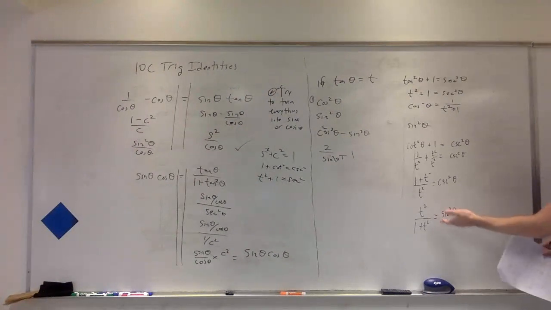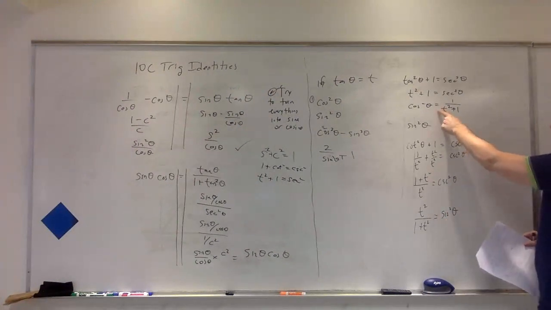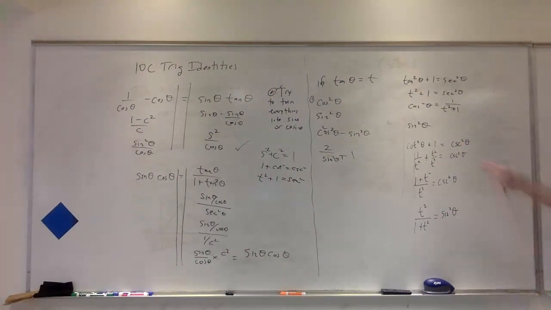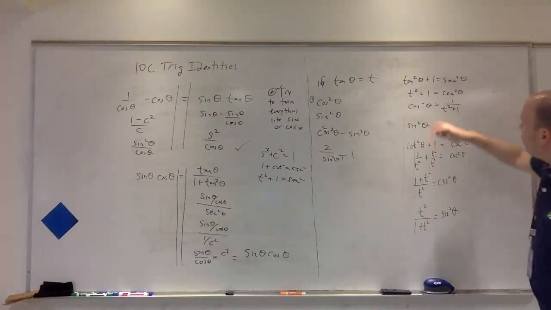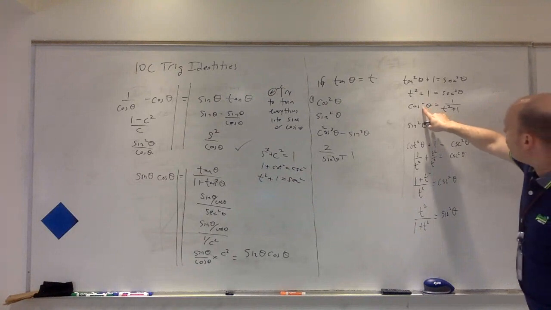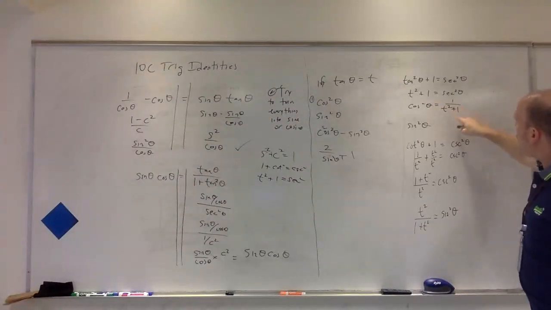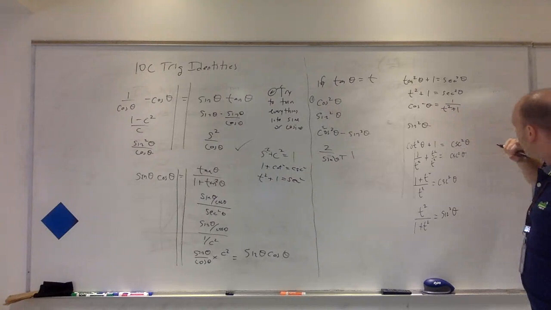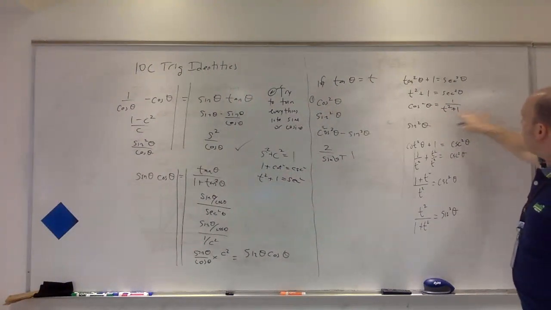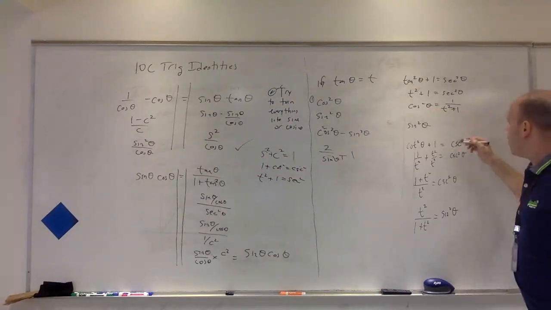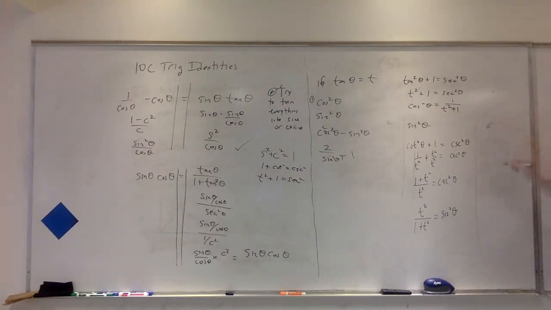Was that the only way to do it? No. You could have subtracted. You could say that sine squared plus cosine squared is equal to 1.